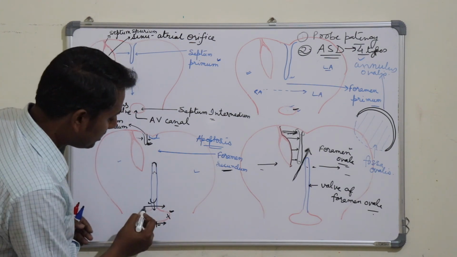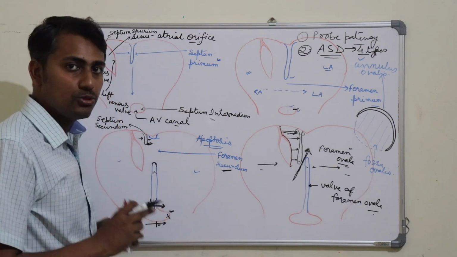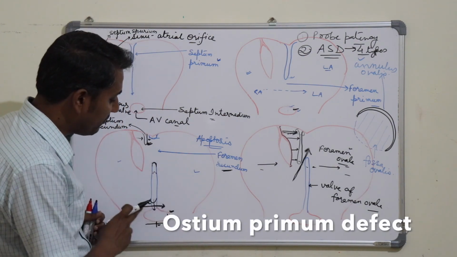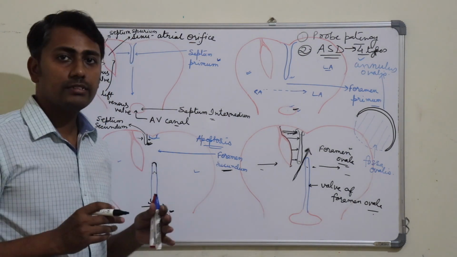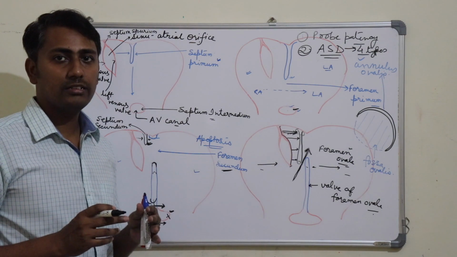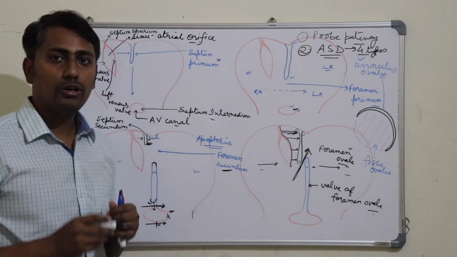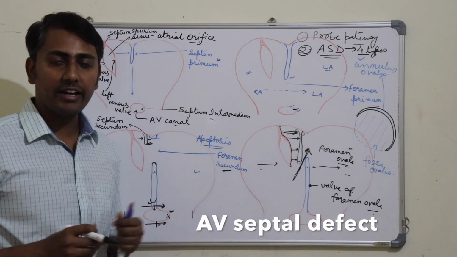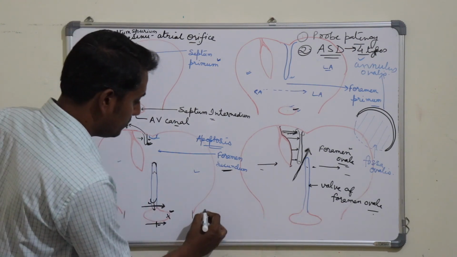Therefore, there is a patent ostium primum defect. This is known as ostium primum defect due to the defect in the septum primum. This endocardial cushion defect, which is associated with a persistent AV canal, also known as AV septal defect, is commonly associated with Down syndrome.